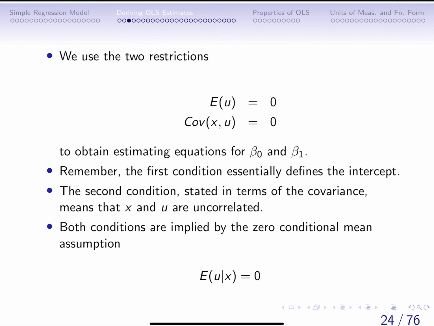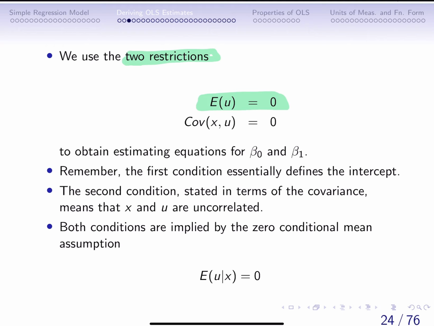Now, there are different ways of getting to the OLS estimates. The first way is we could use the two restrictions that we talked about earlier, one being that the expected value of u is equal to 0. The average amount of ability or land quality or anything else that we had put in u is equal to 0. We said that is a harmless assumption because it only changes the intercept.